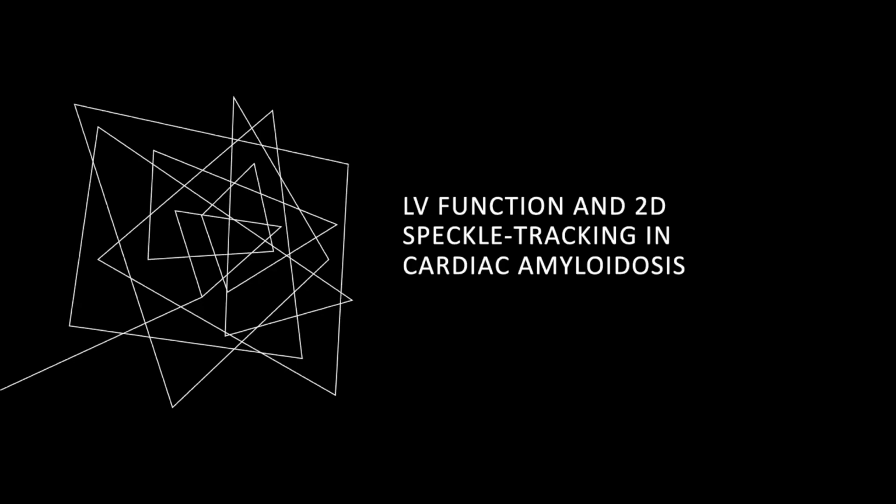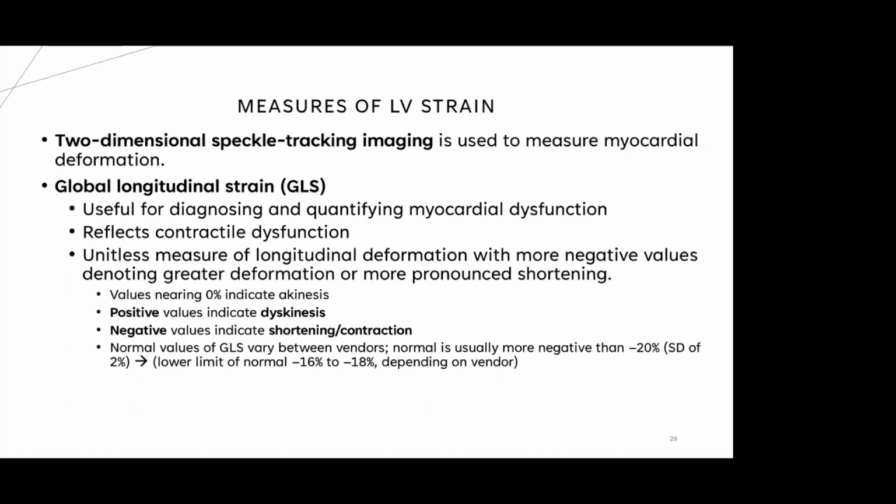So I will transition to the strain analysis now. We use the 2D speckle tracking imaging to measure our myocardial deformation, and global longitudinal strain helps us diagnose and quantify the amount of dysfunction and reflects contractile dysfunction.